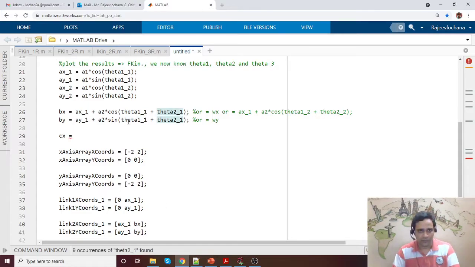Okay, so theta 1 sine part is what is being used, or equal to this same expression. You can try for the second set solution, ay2. Yeah, ay2, here it will be ax2.